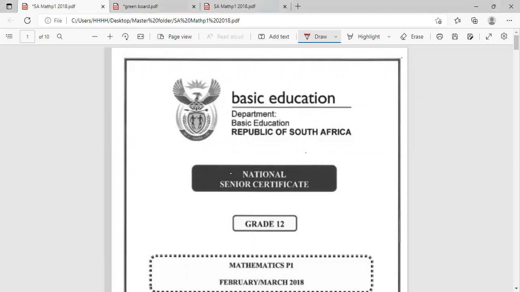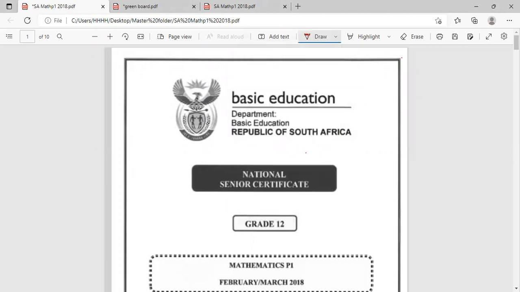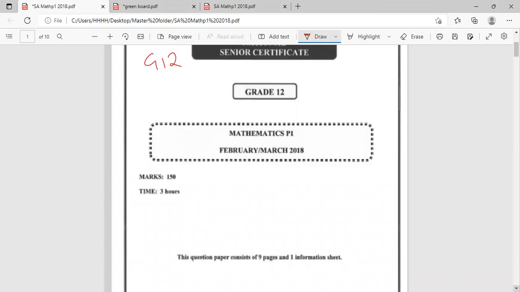Welcome to this presentation where I want to deal with the National Senior Certificate, Grade 12, the Republic of South Africa, Mathematics Paper 1 in the year 2018, written between February and March.